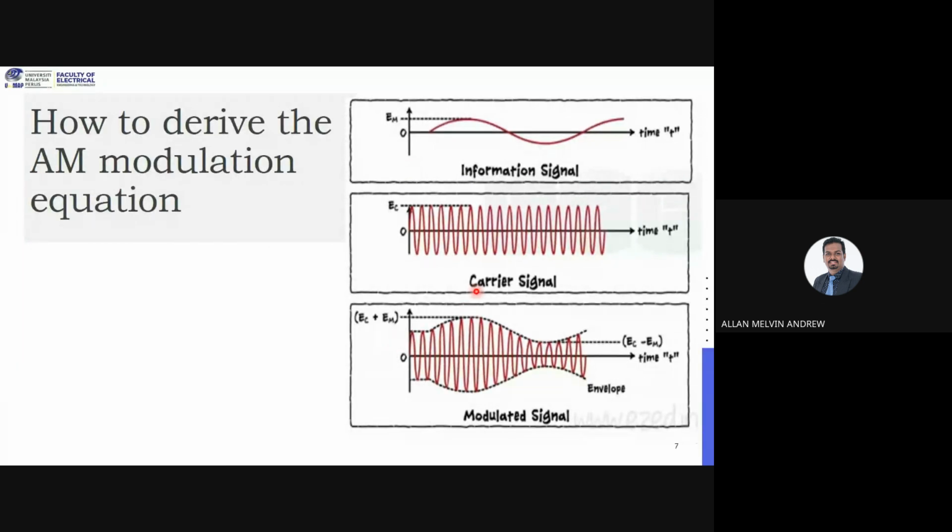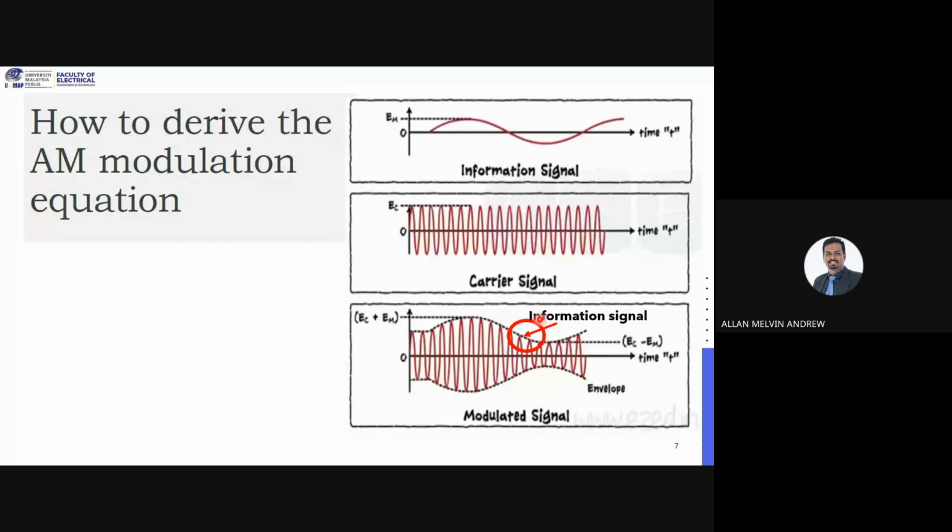When you combine all the points between the information signal and the carrier signal, after some time you will get this kind of image. The top image will be mirrored to the bottom, so you get a symmetrical design on both sides. That is what we call a modulated signal.